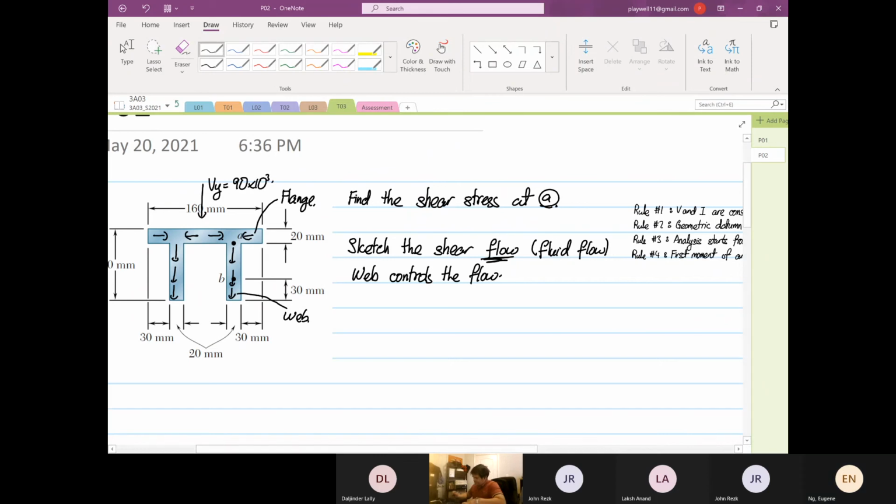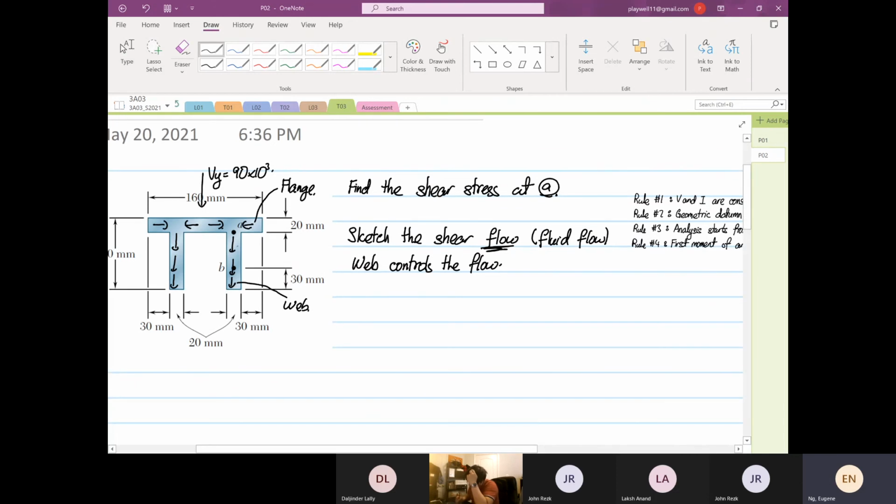Okay. Now, this is just to train you how to design this. So these are all your small q. Okay, these are all your shear flow. Okay, so this is how the shearing stress will flow. Okay, so now we're going to find the shear stress at point A, right? We're going to find the shear stress at point A. So if you look at point A, right?